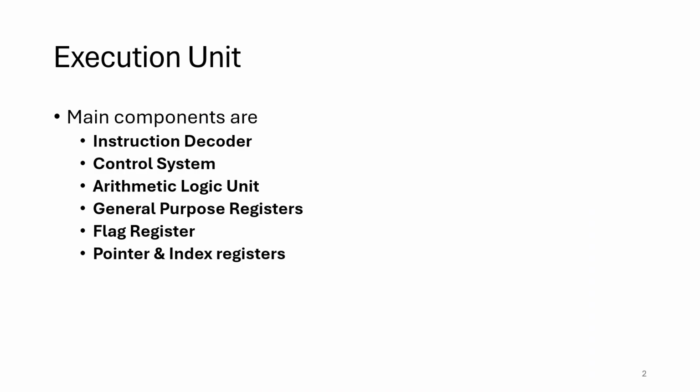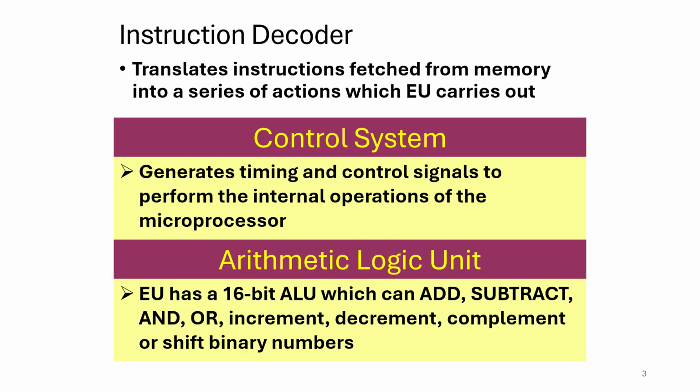Regarding the execution unit, as I said, it consists of the instruction decoder, control system, arithmetic logic unit, general purpose registers, flag register, and pointer and index registers. This is the instruction decoder. The instruction decoder translates instructions fetched from memory into a series of actions which the execution unit should carry out.